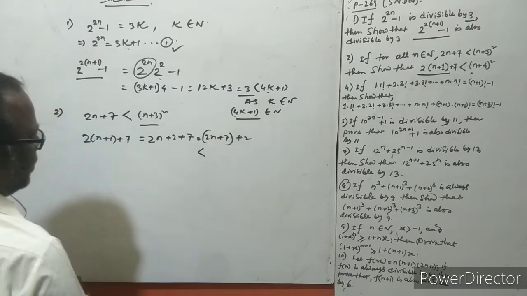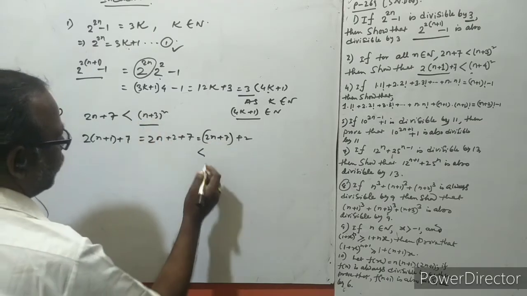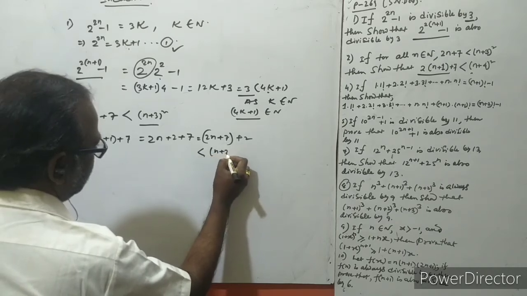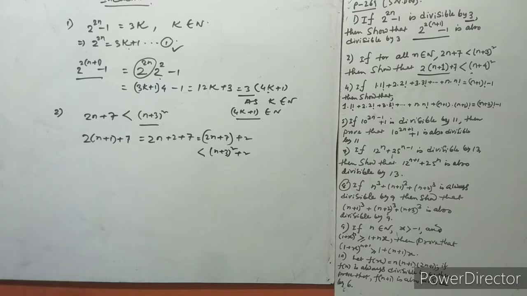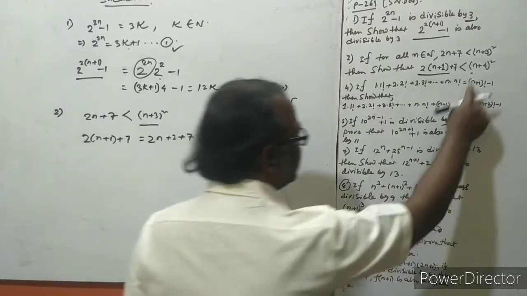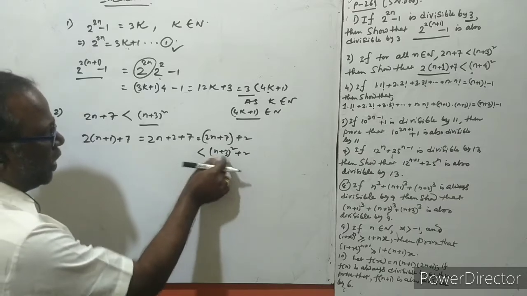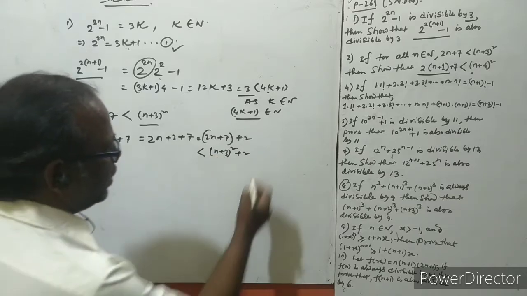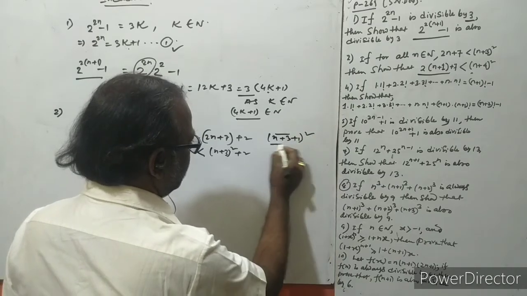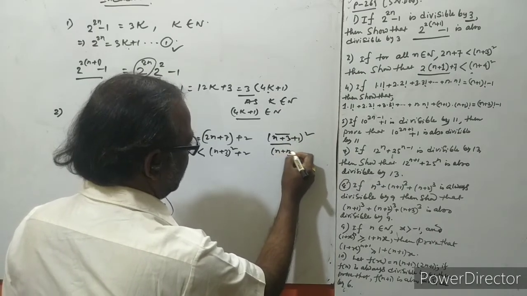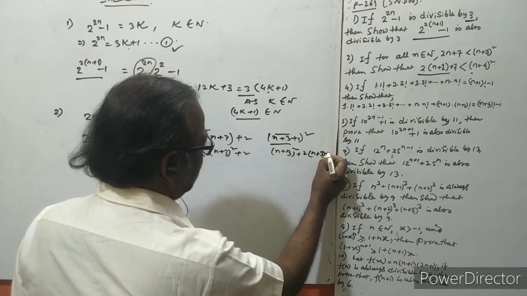In place of 2n plus 7 we substitute n plus 3 whole square, so the right hand side will be more: n plus 3 whole square plus 2. The condition is that on the right hand side we have to show n plus 4 whole square, which is n plus 3 plus 1 whole square, that is n plus 3 whole square plus 2 into n plus 3 plus 1.